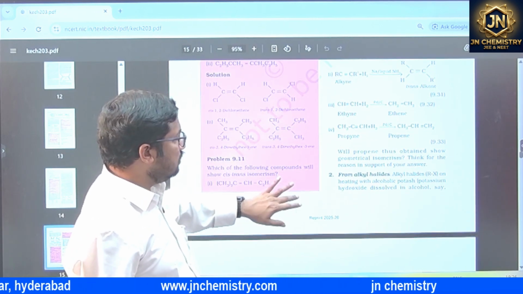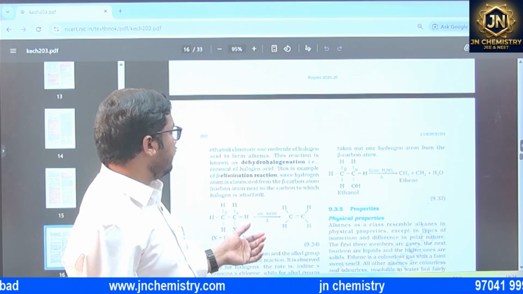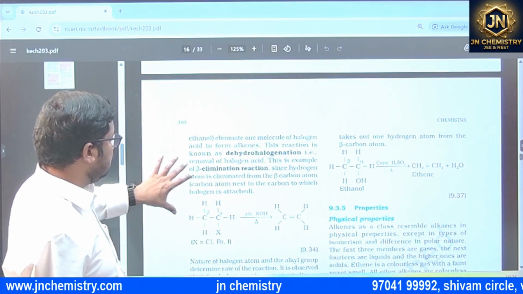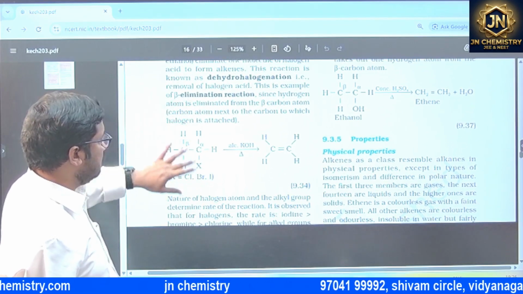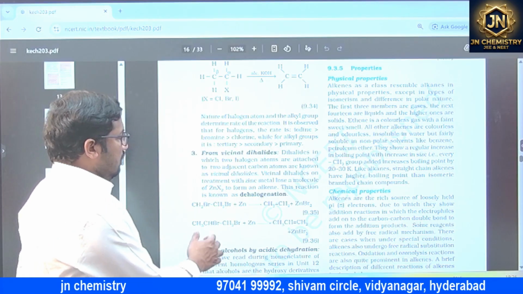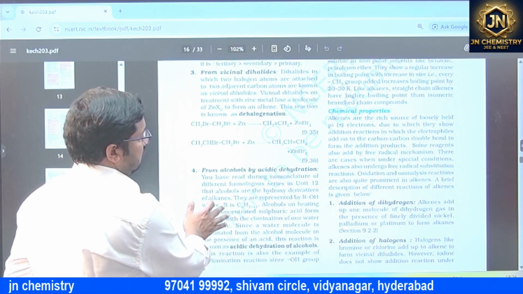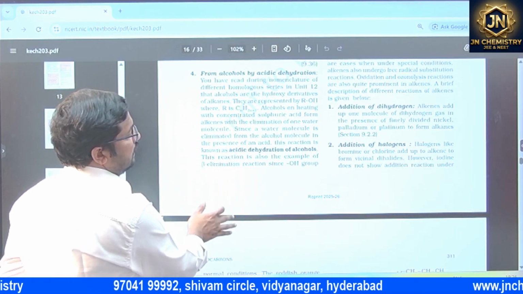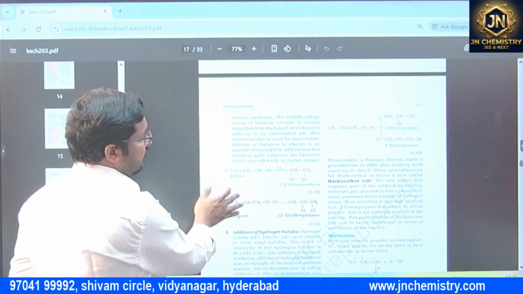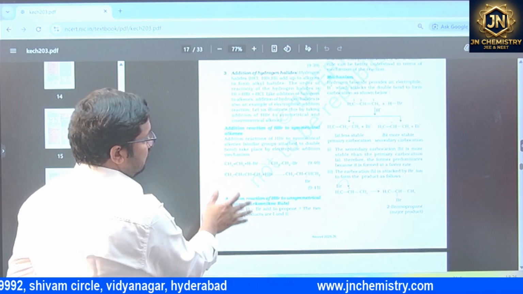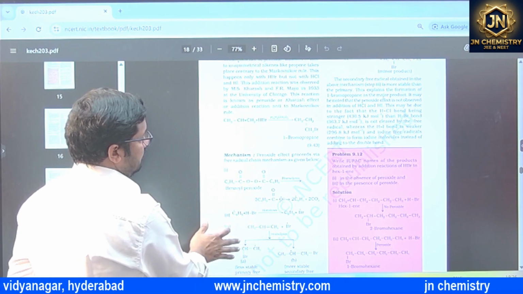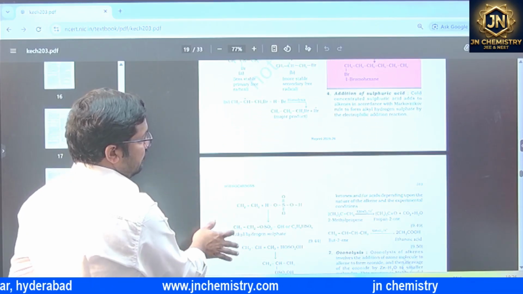Then reduction from alkyl halides, with alcoholic KOH as the dehydrohalogenating agent, dehydration, and dehalogenation. Then addition reactions: electrophilic addition, free radical addition mechanisms, which I already explained.